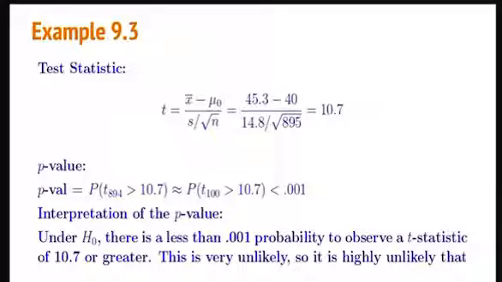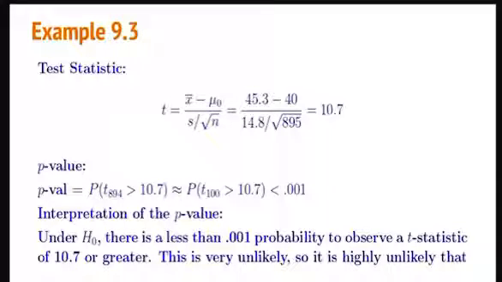Number two, the specification of your hypotheses, both H0 and HA. And step three, your test statistic value, where you showcase your formula. Then we plug in values. Your X bar is the sample mean, your mu naught is the hypothesized value, your S is the standard deviation, and your N is the sample size. The test statistic gives 10.7.